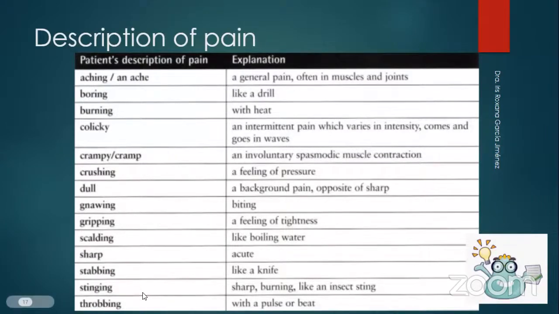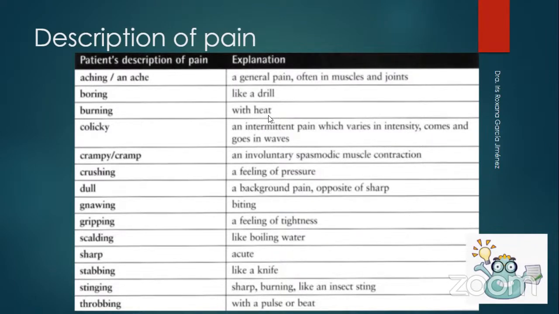Or this is throbbing, with a pulse or beat. If you have the chance to work with native people from the USA, for example, you should ask what's the meaning of that, and they are going to explain it in a very similar way. For example, for gripping, a feeling of tightness, they look for a way to make you understand the idea of what they are feeling, okay?